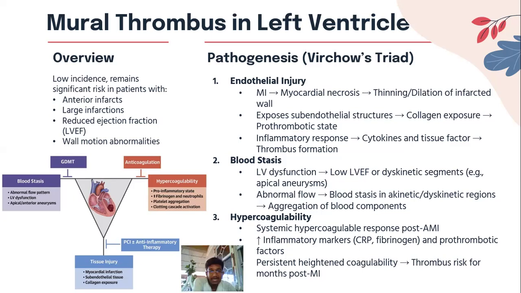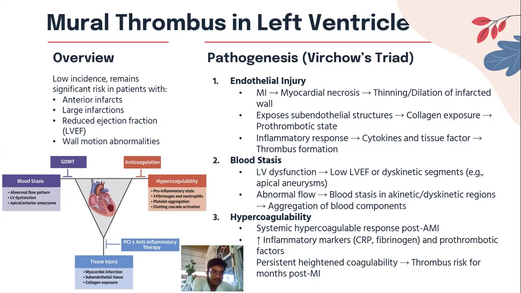The last one in Virchow's triad is hypercoagulability. Now, acute myocardial infarction triggers a systemic hypercoagulable state as part of the body's response to tissue injury. Elevated levels of inflammatory markers, including C-reactive protein, CRP, and fibrinogen, are common after myocardial infarction, reflecting an enhanced coagulable state.